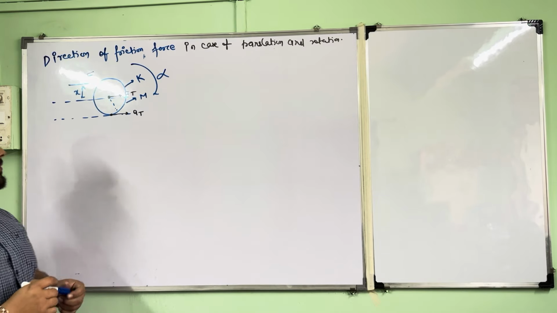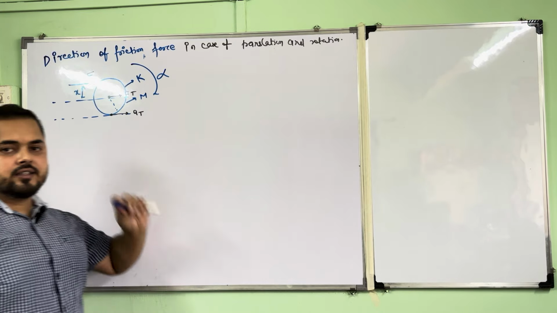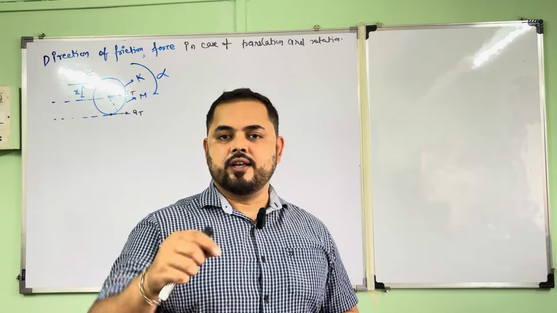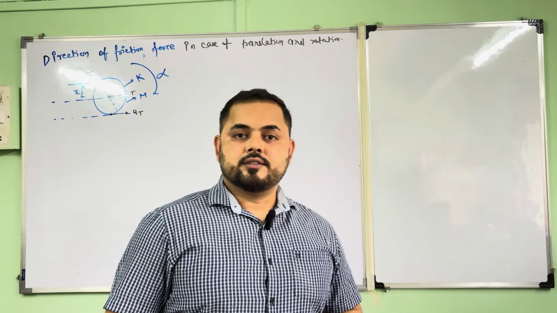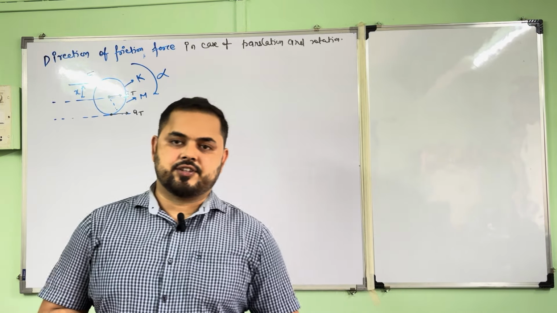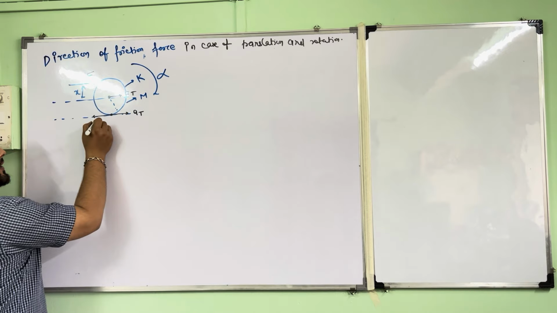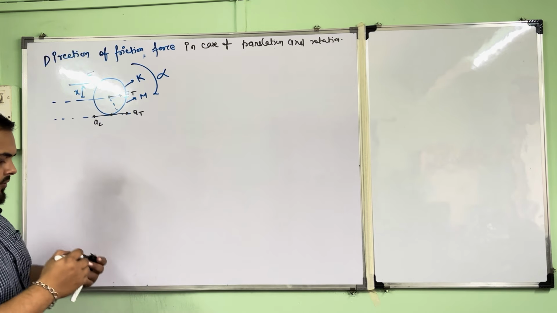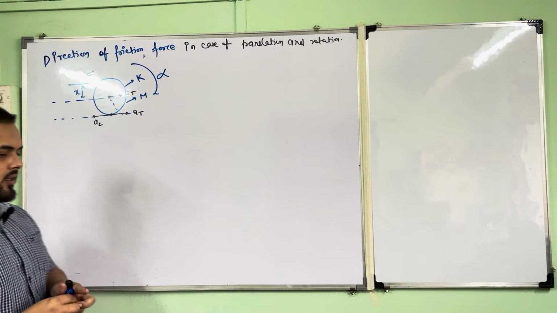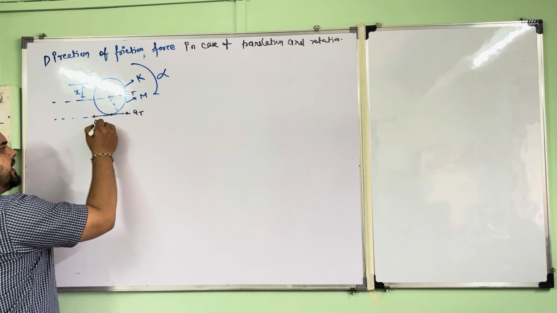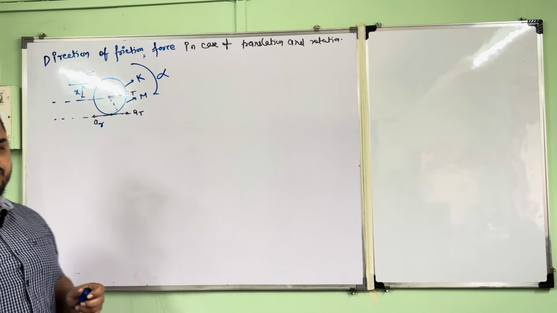Due to this alpha, the circumference of that spherical body feels a tangential acceleration due to this torque. Let us assume this is translational, that is AT, and this is AR, due to rotation.